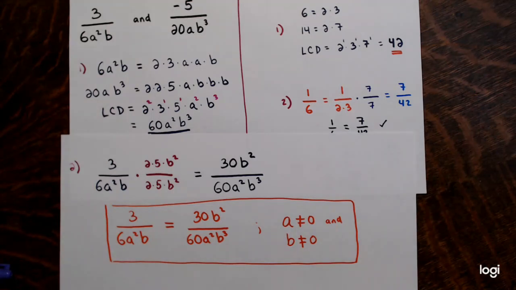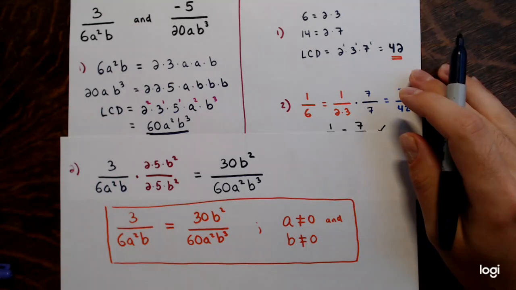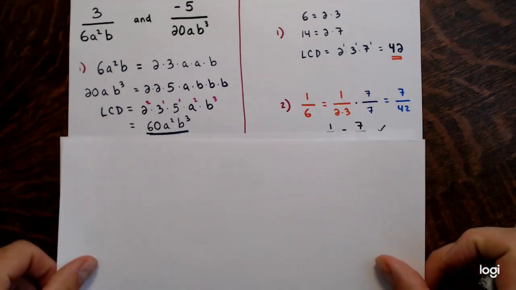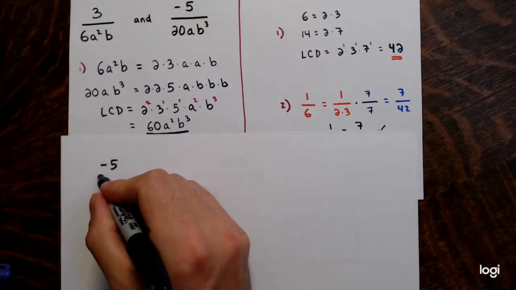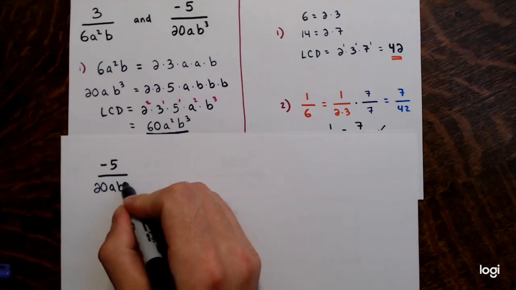All right. Now the other fraction. I'm going to pull in a new sheet here, just so I'll cover this one up. Hopefully you've seen this enough now. And then the other fraction is -5 over 20ab cubed.